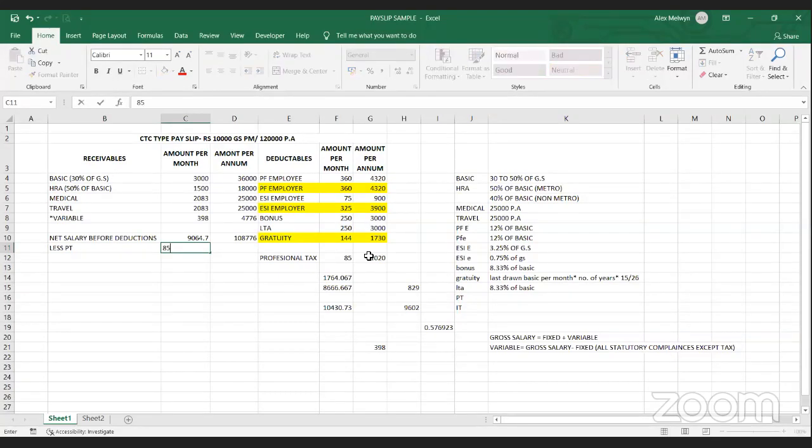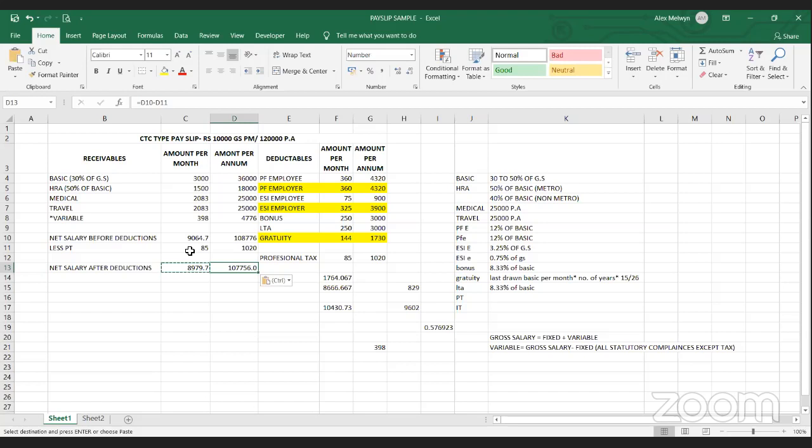What you get after this is net salary after deductions, which is actually equal to this. So this is your take home salary for 10,000 rupees.